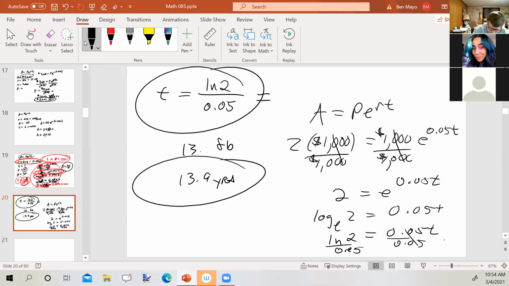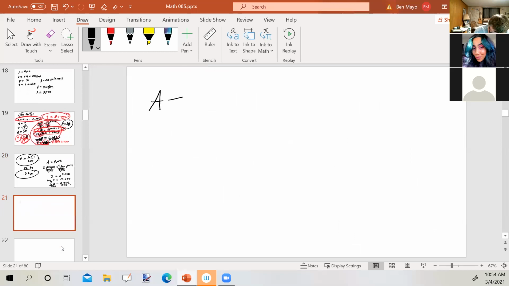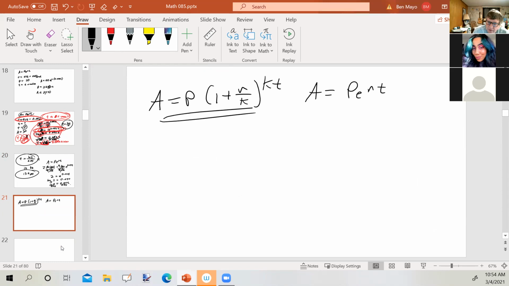Make sure you notice the difference between this formula and that formula. Here, this is like we've got money in an account and it's growing, but not continuously. The interest is compounded k times. If it's annually, k is 1, semi-annually, k is 2, quarterly, k is 4, monthly, k is 12, daily, k is 365.